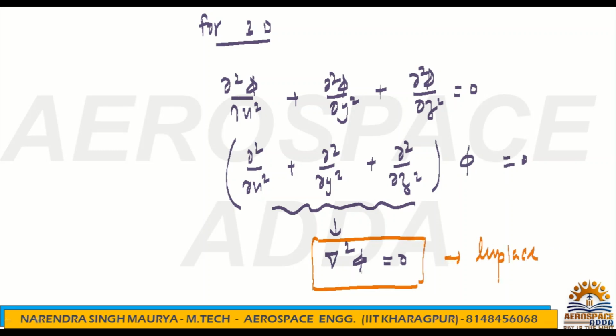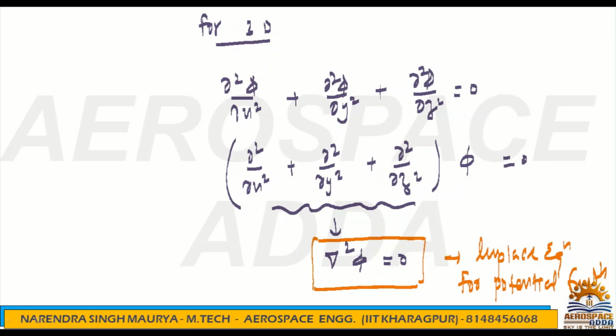Why is it called Laplace? Because this delta is the Laplace operator basically. So this is the Laplace equation for the potential function. Now what is the meaning of it?